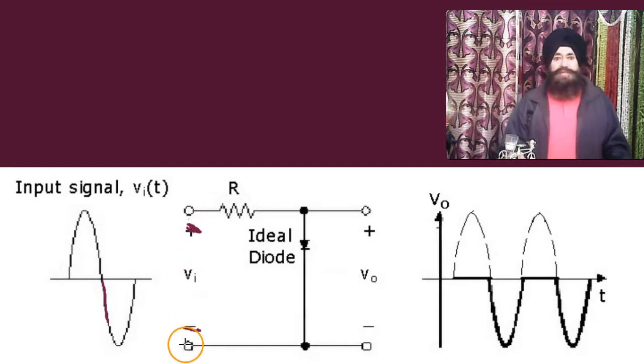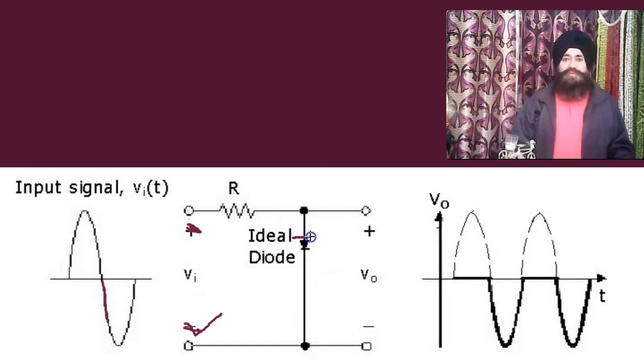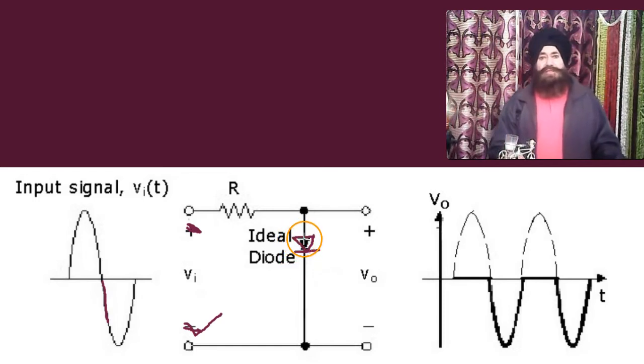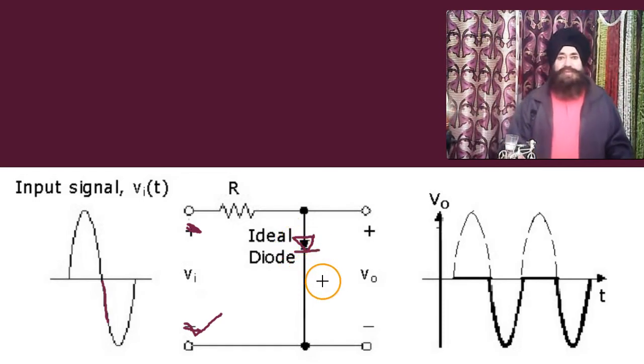So here is negative with respect to this point. When the voltage at P is negative with respect to N, the diode becomes reverse biased.